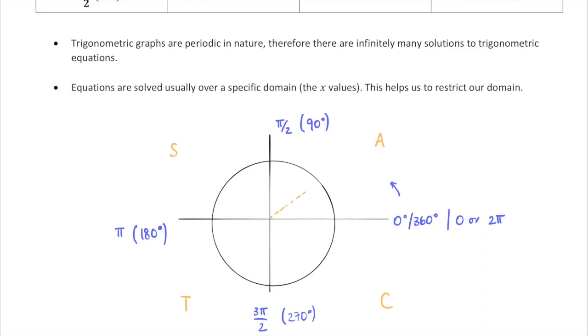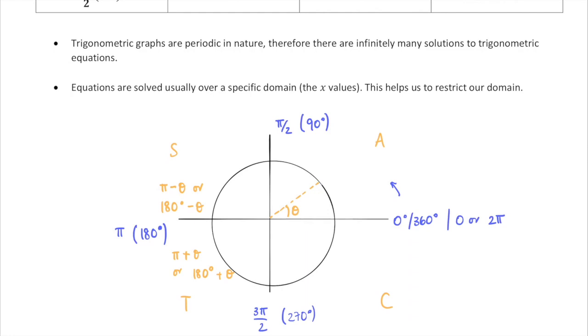So if I've got this as my angle, to find the angle in the second quadrant, we're going to do pi minus theta, or pi minus the angle, or we can do 180 degrees minus the angle. And then moving into the third quadrant, to find any angle in here, we're going to do pi plus the angle, or 180 degrees plus the angle.